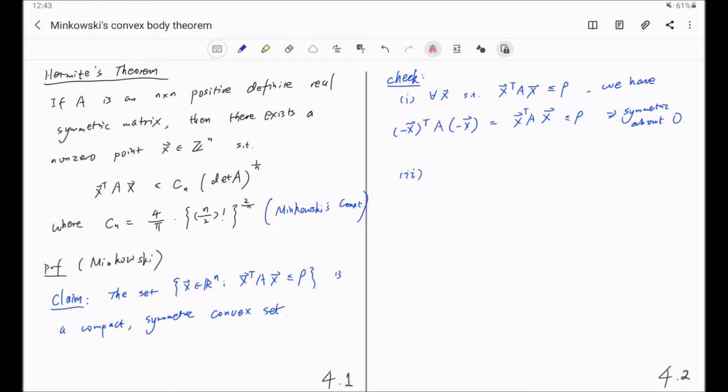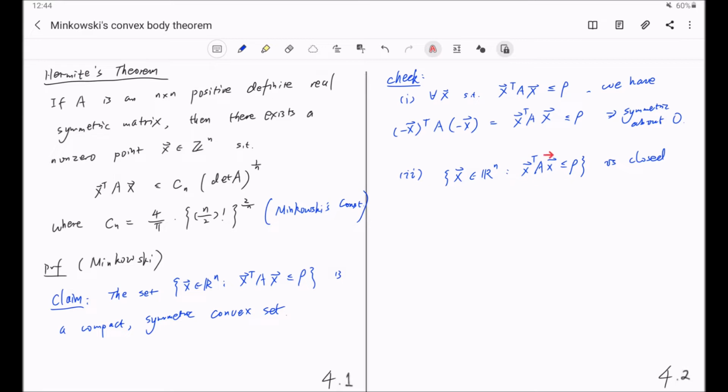Next, we're going to show the compactness. First, it is easy to show that this set is closed. This is because this quadratic form is continuous with respect to x.